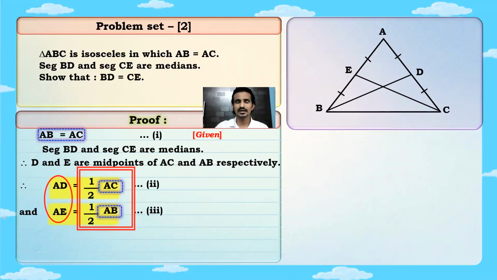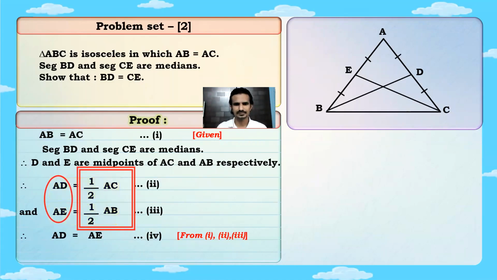So AD and AE are equal. We can conclude that AD is equal to AE from equations 1, 2, and 3. Any doubt in this?